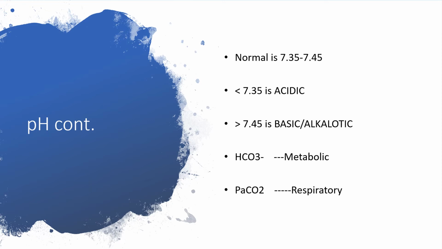Anything greater than 7.45 is basic or alkalotic. Now, when it is acidic and the derangement is along the bicarbonate ions, that is metabolic in origin. If the derangement is pointing to a high level of CO2, that is respiratory acidosis.